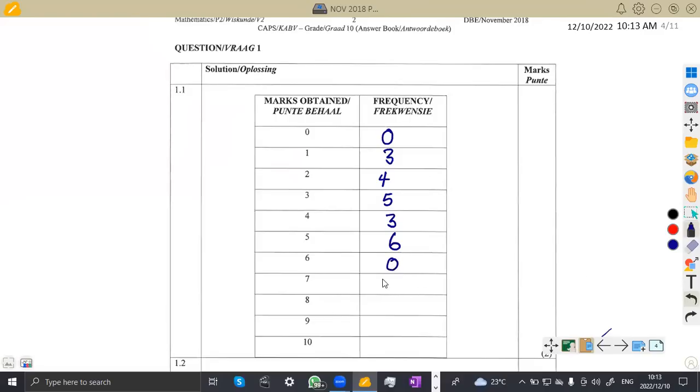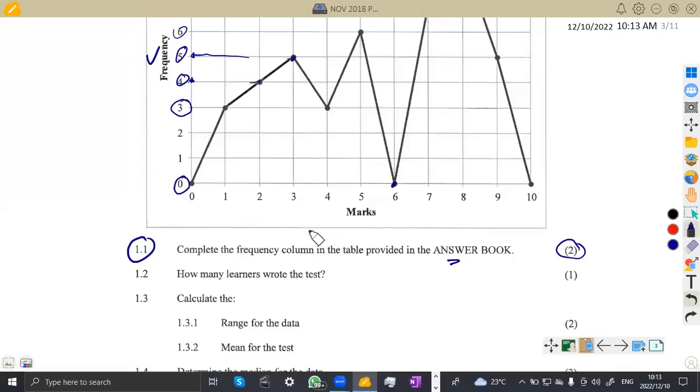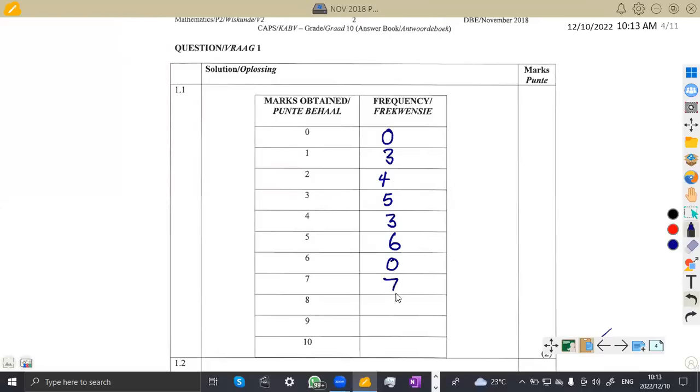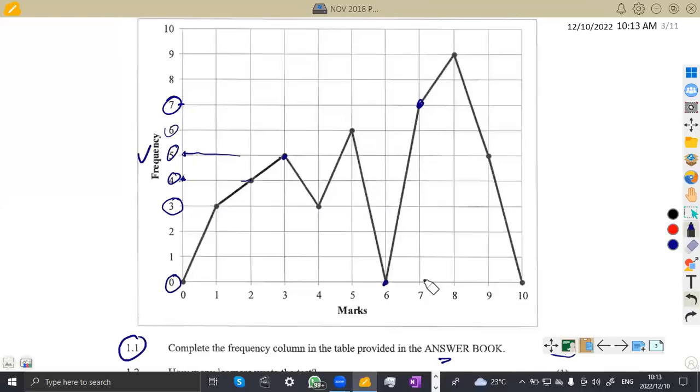All right. Then we have got 7. Let's just try to retake this graph. So let's take 7 straight to the graph. It is this point, then straight to the graph here. It corresponds with a 7. So it's 7 versus 7. Then we move on to 8. 8 here straight to the graph, then straight here.